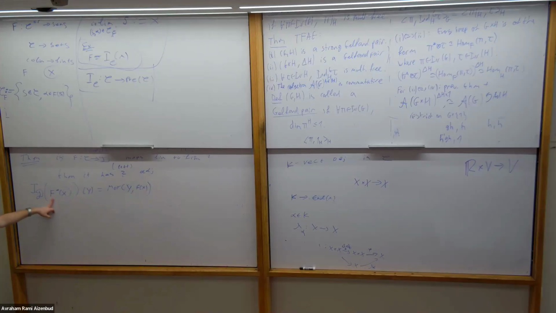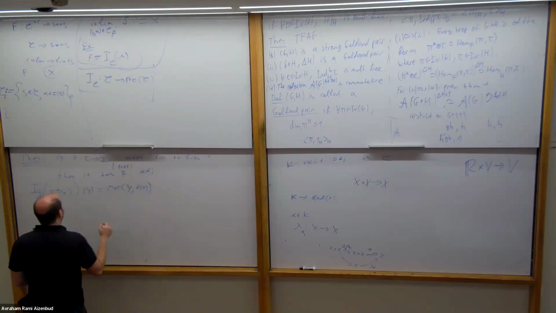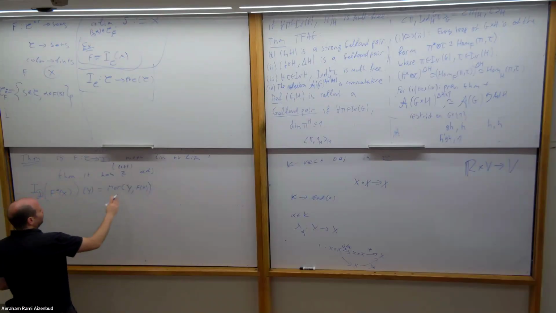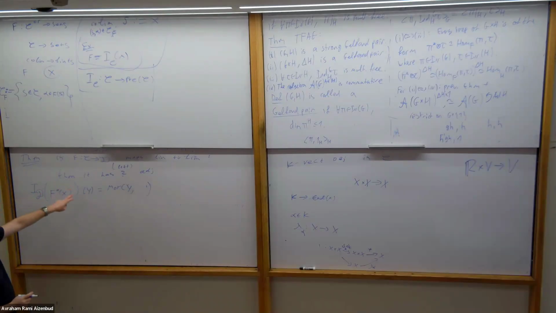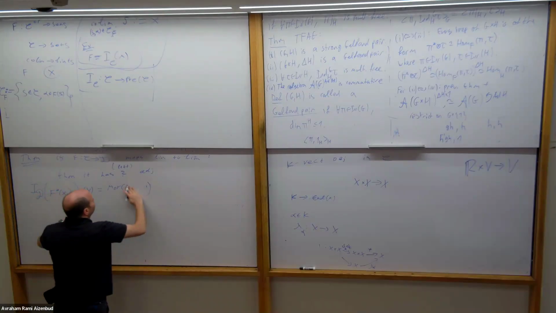F star will be the expression for this. Wait, this was the image of F, not F star. By definition, it should probably be morphisms from Y to F star. Y is an object in C. So I can't put it up.